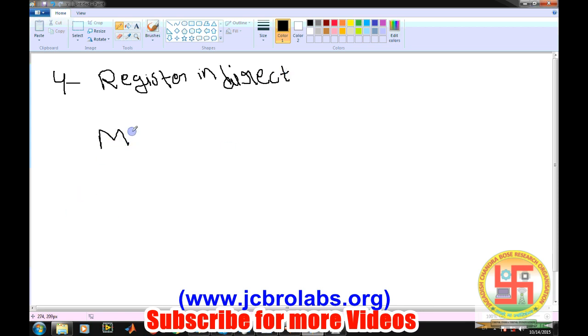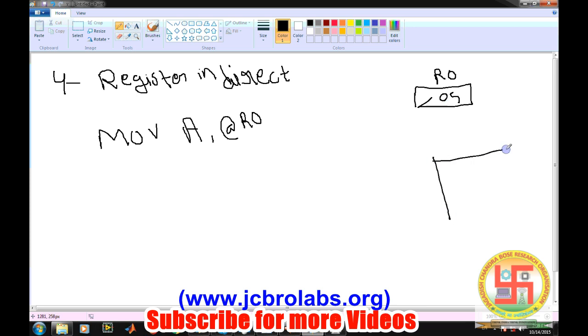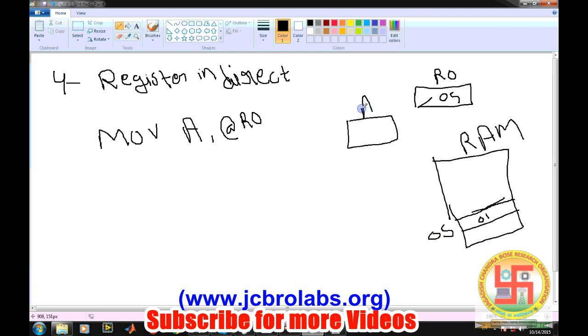So if we write move A comma @R0, that means here we have R0 and it is written as 05, and then we have a RAM, and at RAM we have a memory location 05, and say here it is written as 01, and here we have the accumulator.